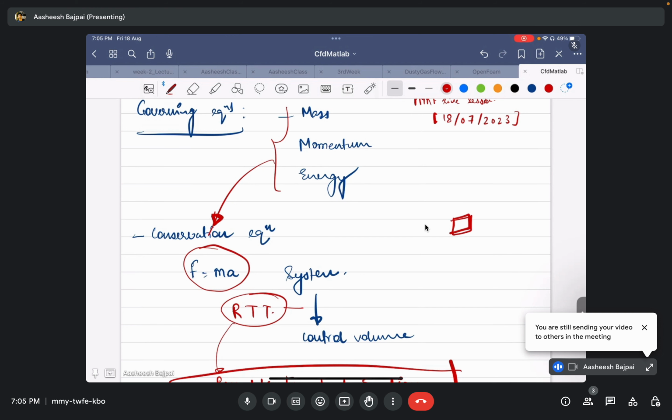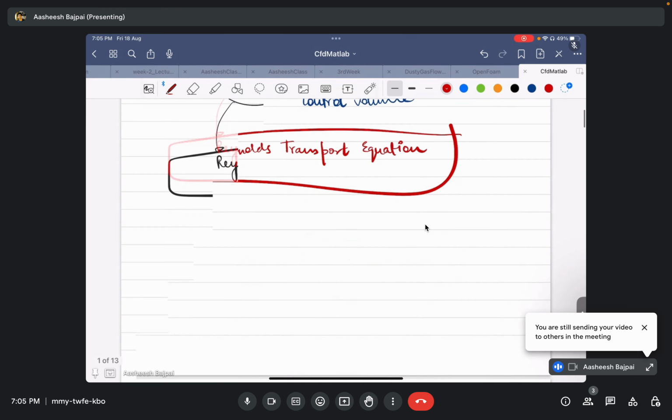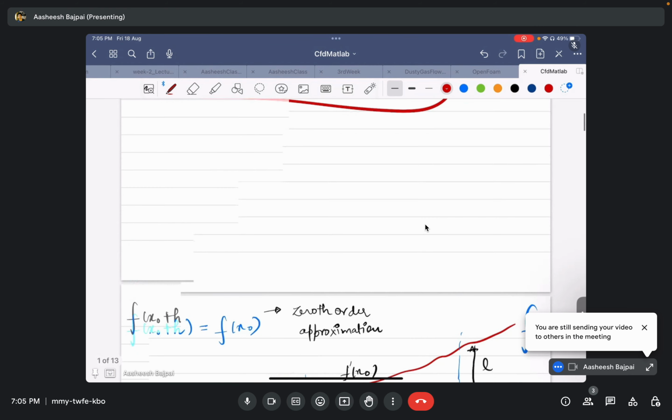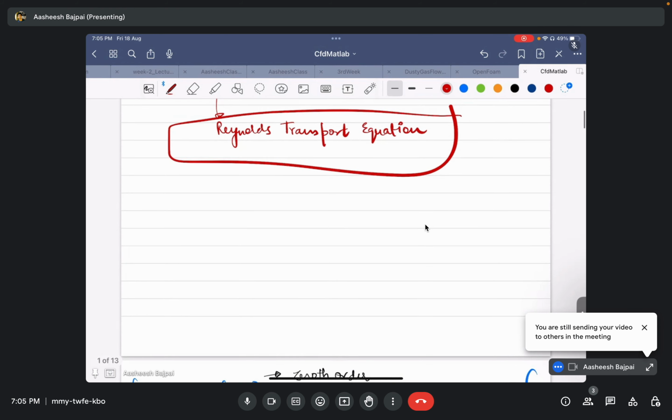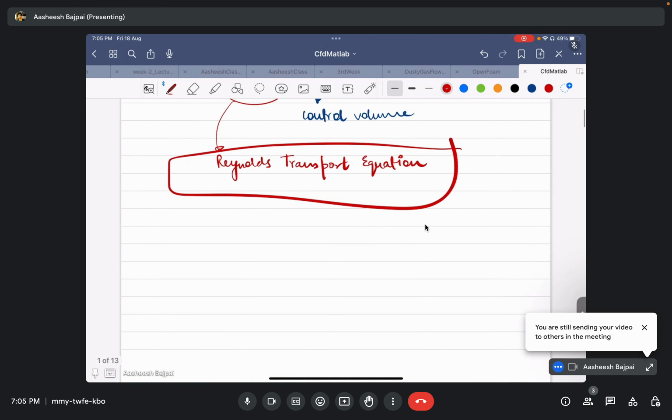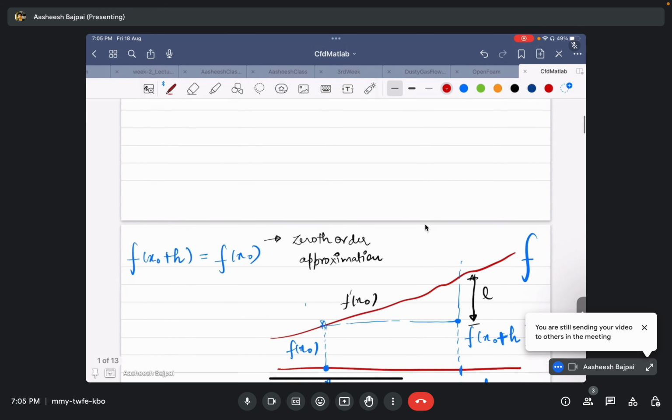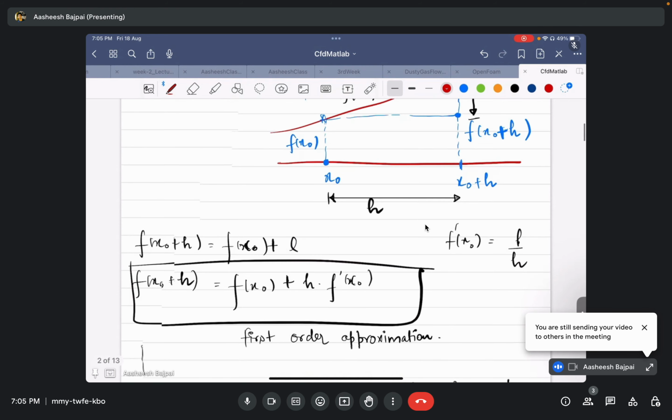Yeah. Thanks. So we need to apply Reynolds transport theorem, which I already explained. So let's start with differences, forward difference, and so on.